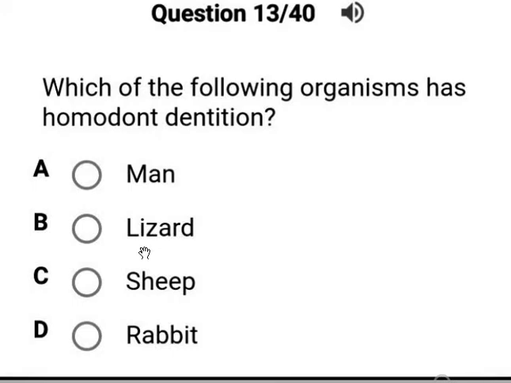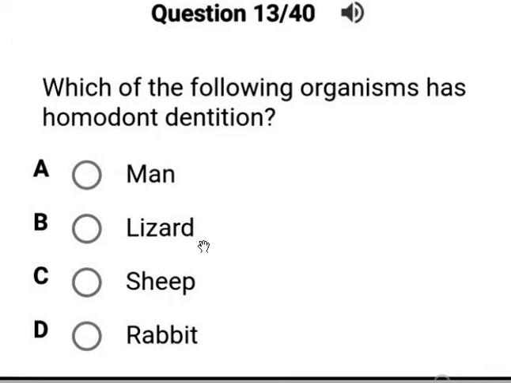Homodont dentition is found in fishes, amphibians, reptiles, while heterodont is found in mammals such as rabbit, man, sheep, cat, etc.